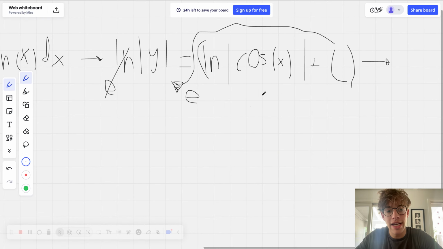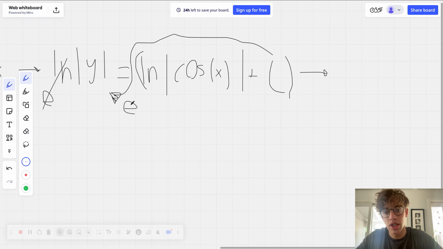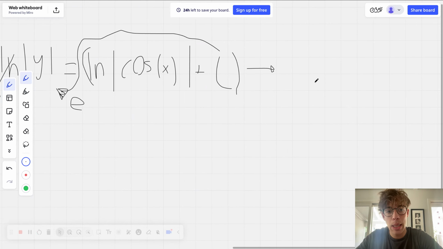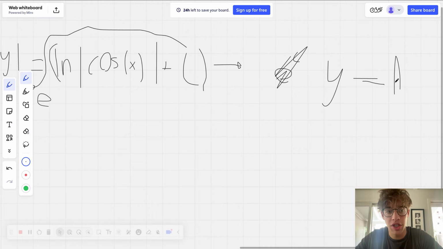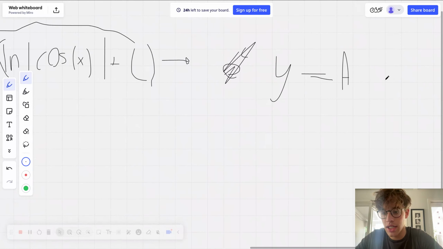This would be e to the ln cosine x times e to the c, and we could just call e to the c some other constant, so a. That's where I'm getting that from. So then the e cancels out, and you just get y equals a, which is our e to the c constant, and then cosine x. All right, good.